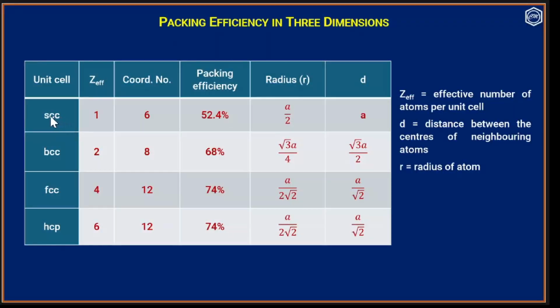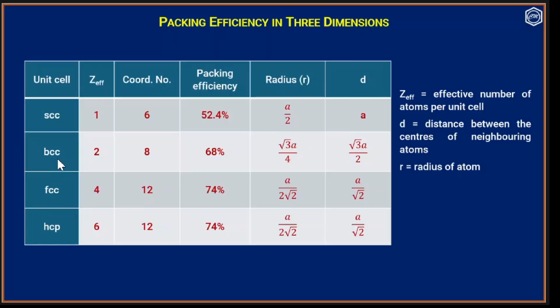So for simple cubic close packing, SCC, the effective number of atoms is 1. In that case, the coordination number is 6. Packing efficiency is only 52.4%. Radius of the atom is a by 2. Distance between two atoms will be the diameter, that is 2 into a by 2, or a.